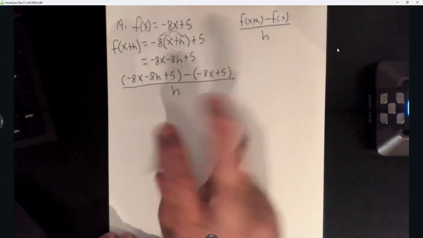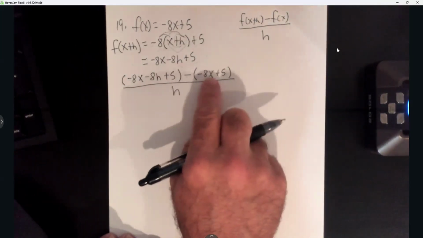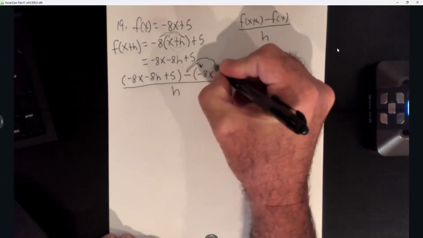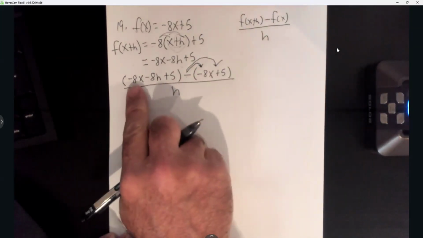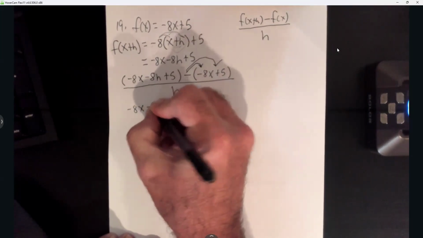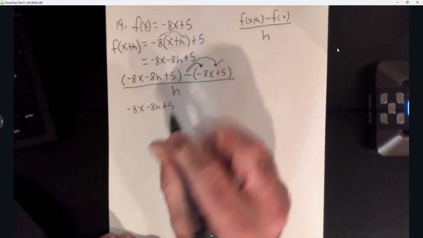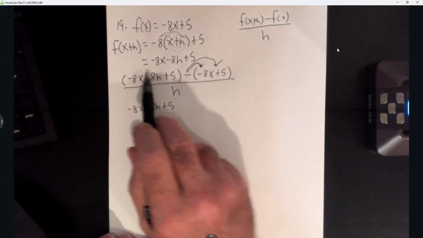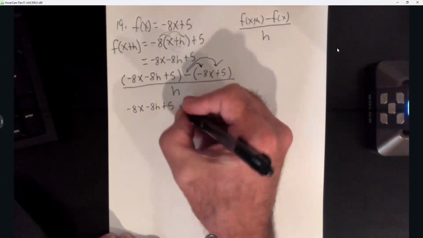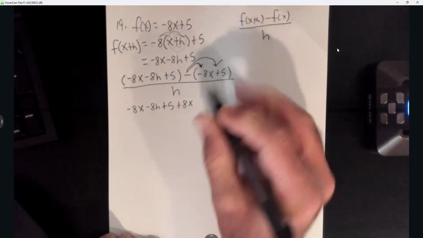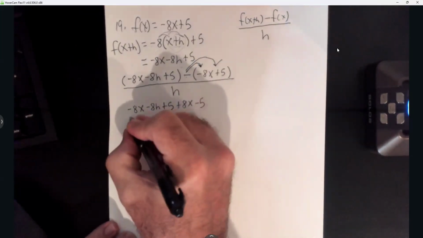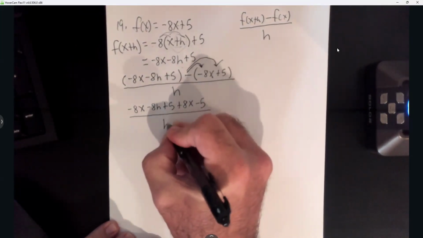So technically, your next step is to drop your parentheses and distribute this negative through the second one. So dropping parentheses, you'll have -8x minus 8h plus 5. The first one always stays the same. What's changing is the second one. Negative times negative makes that a +8x. Negative times positive makes that a -5. All of that is over h.